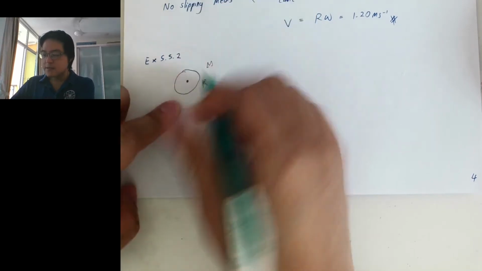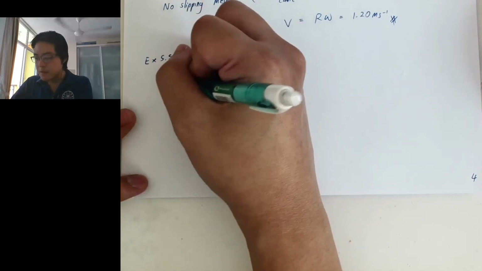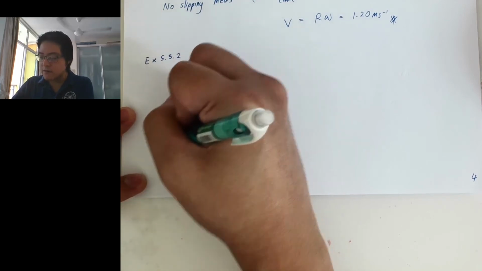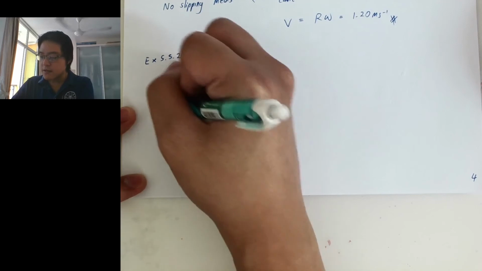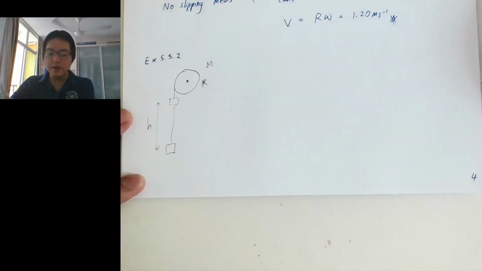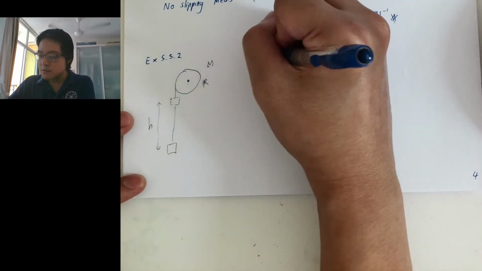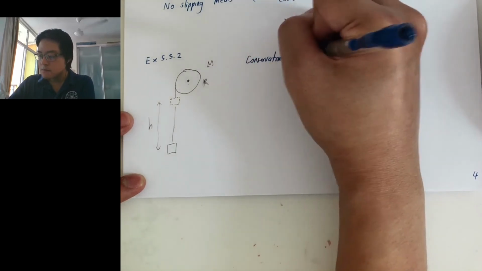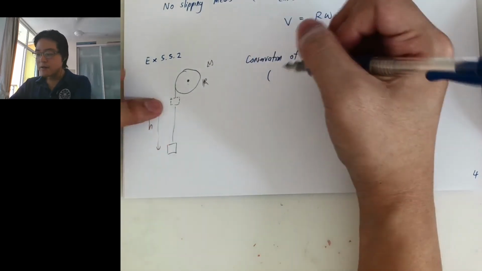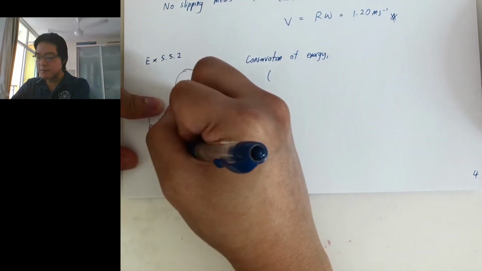There's no friction about the axis, so it can spin smoothly, so no energy loss. My box is initially here, and later it will fall down here, unrolling the cable. From here to here, the change in height is h. We will use the conservation of energy. It starts from rest and comes down at a speed v.